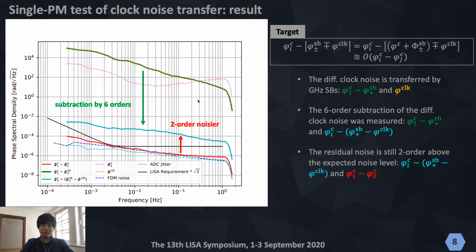These two coincide with each other well here. And after the subtraction of the differential clock noise, we could get a suppression by 6 orders down to Cn. But we are still 2 orders above the expected level, which is shown with red.